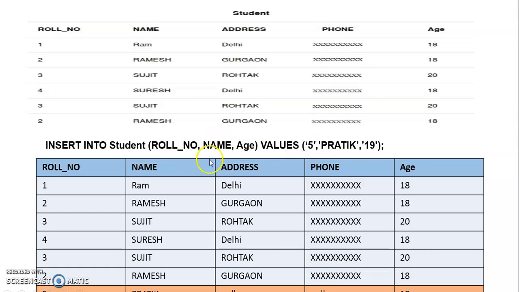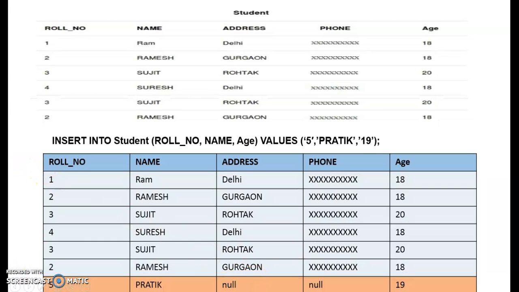So the values are 5, which will be stored in roll number, Pratik, which will be stored in the name column, and the age. For the rest of the columns which are not included here, like address and phone number, the value will be inserted as NULL. Yes, we can see the NULL value is inserted because we have not specified those columns in the INSERT command.